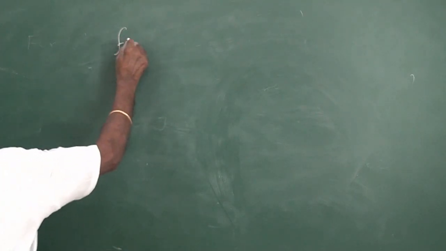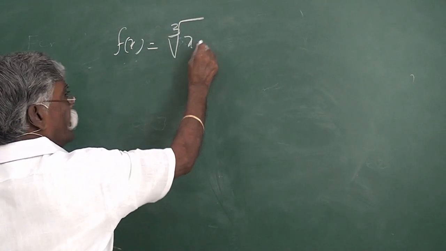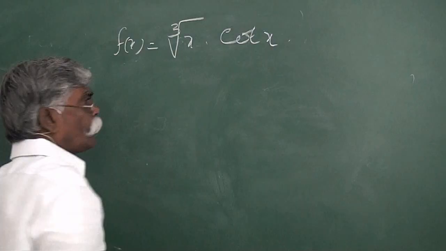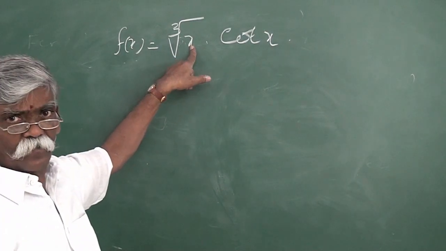Next one, f of x is equal to cube root of x into cot x. Cube root of x is defined for all real values of x.